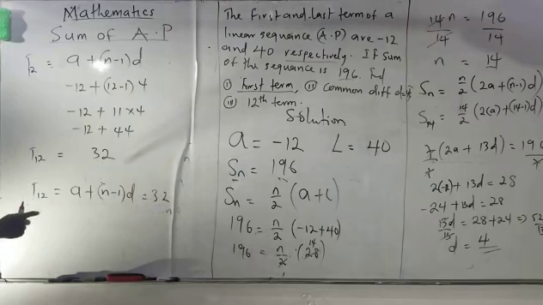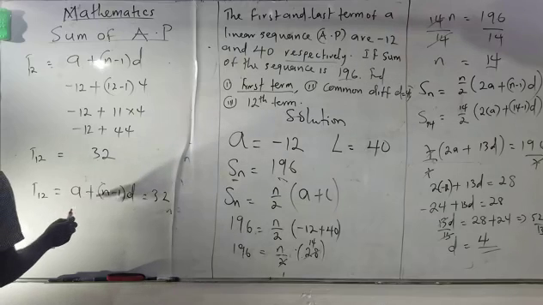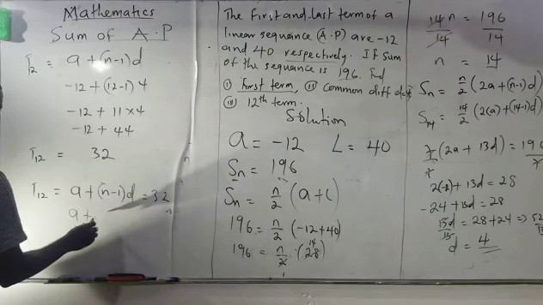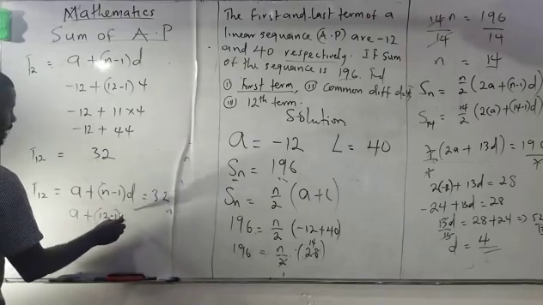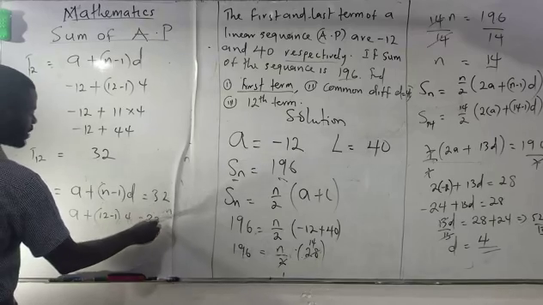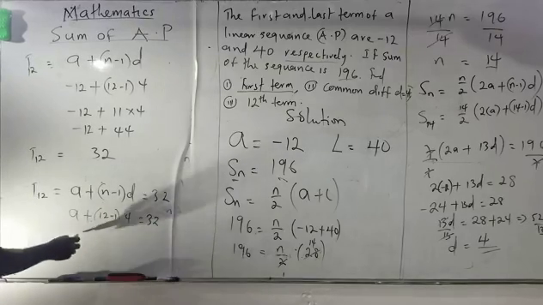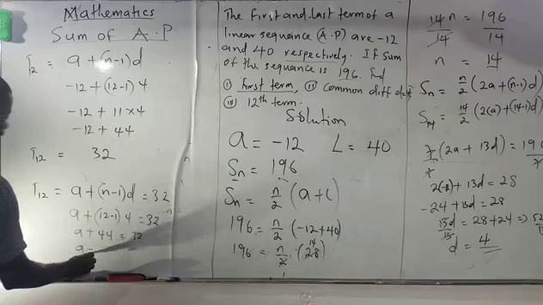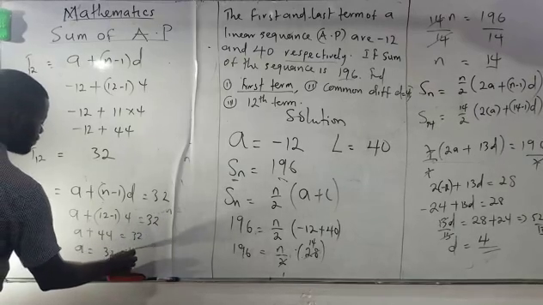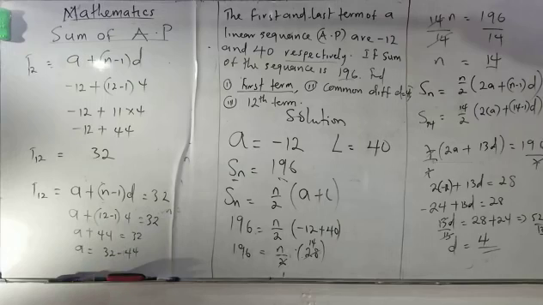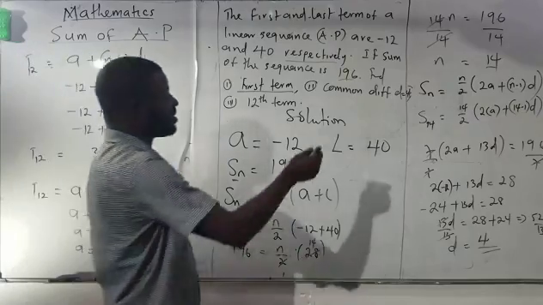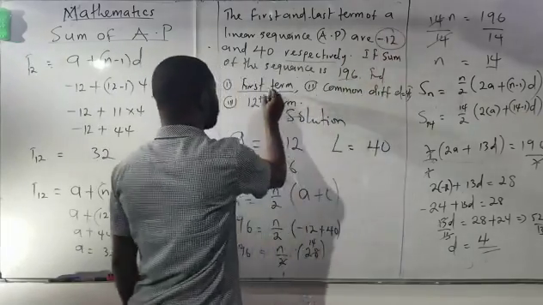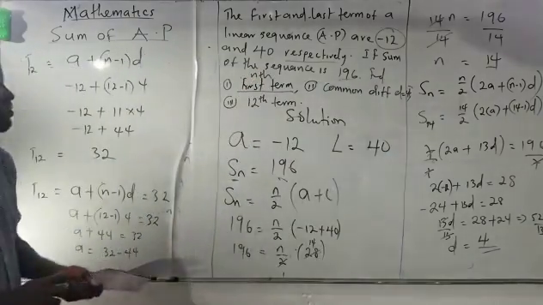Please take note of that. I know that my a, I don't know it. It means I'll be having a plus 12 minus 1 bracket of d, which is 4, equals 32. Now, which will be 11, I'll be having plus 44 equals 32. Now, it means my a equals 32 minus 44. Even though it's already stated in the question, don't mind me. I think the question here is supposed to be the nth term, sorry.